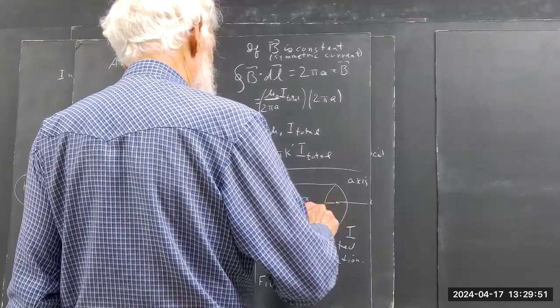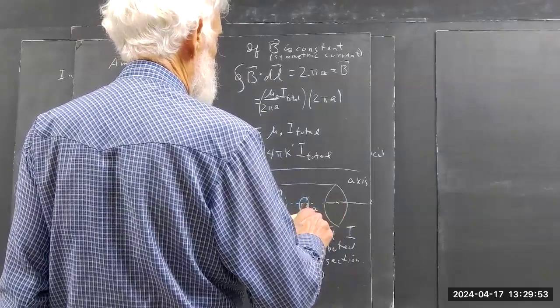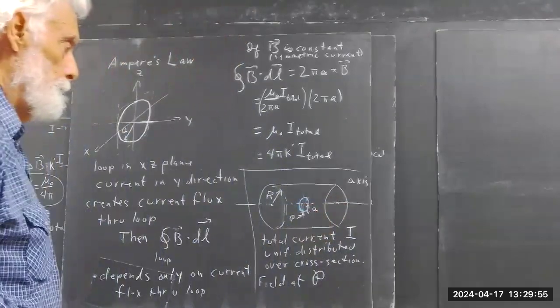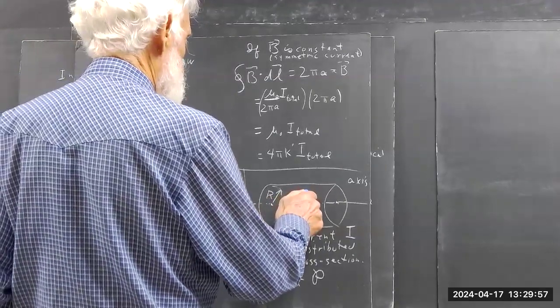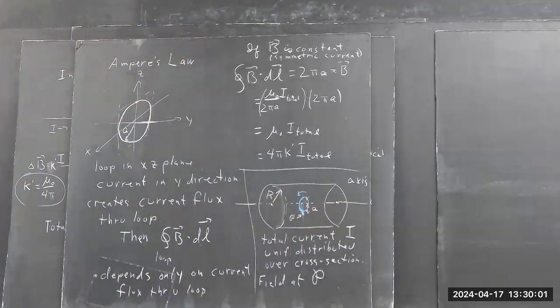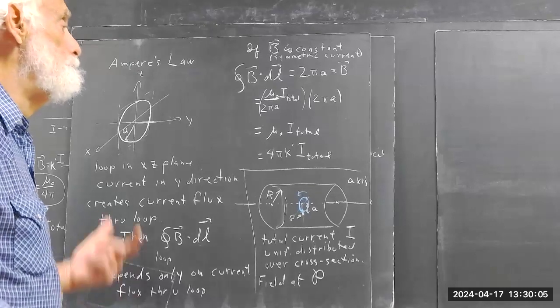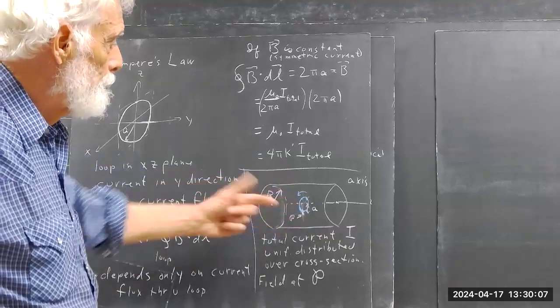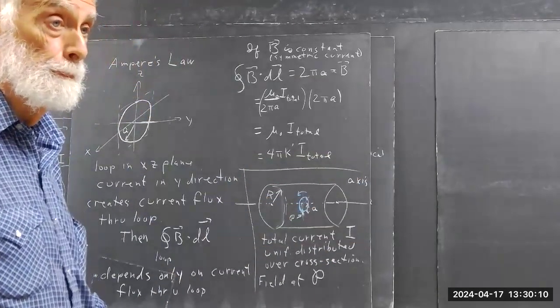Get the idea. Okay, points on the loop. Now, how much current passes through this loop?